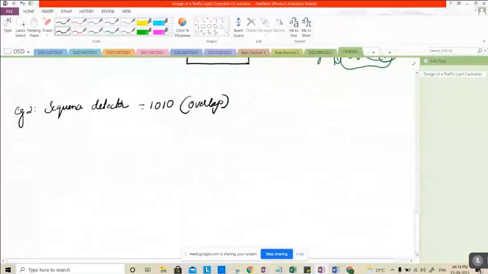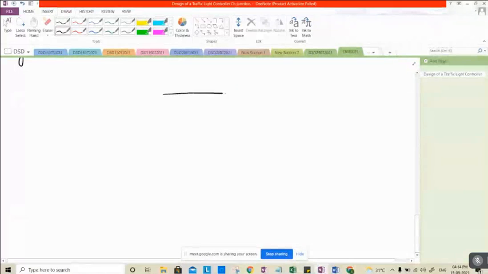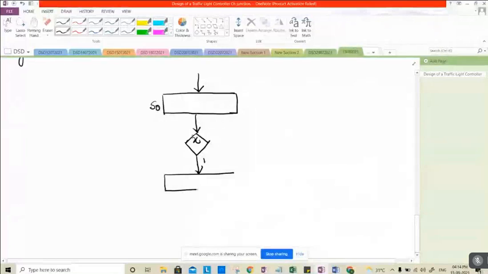So for this, the algorithm: initially I'll be taking S0 state, then whenever the x value is equal to 1, it moves on to the next state, S1. If x is equal to 0, back to S0.